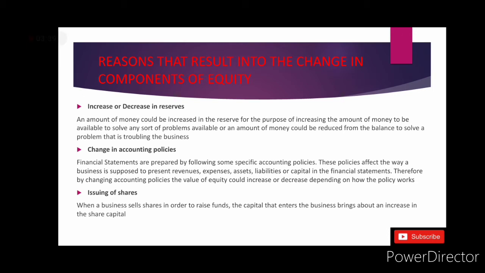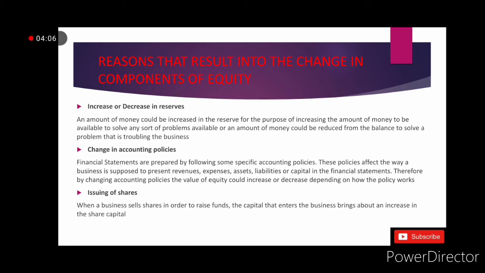When the business decides to change its accounting policies and adopt these new ones, then there's a more likely chance that there could be an increase or a decrease in equity, depending on what the policy is most likely to affect.